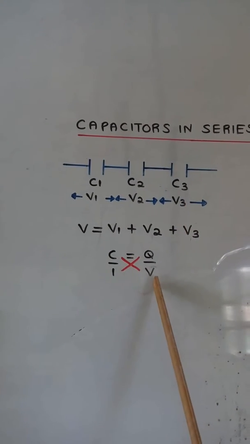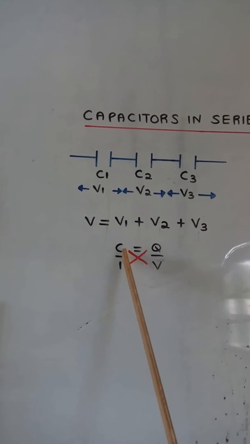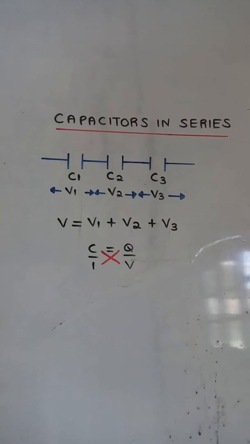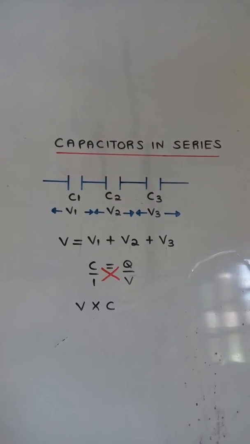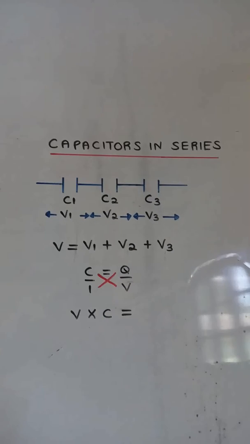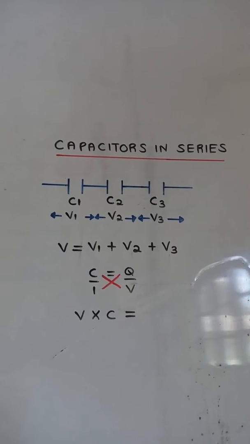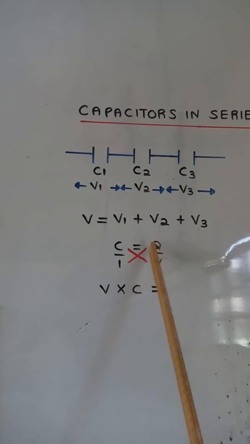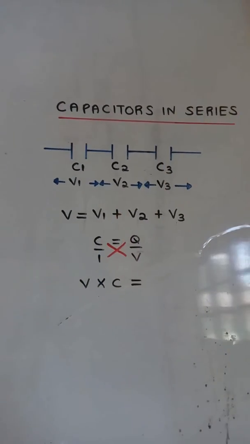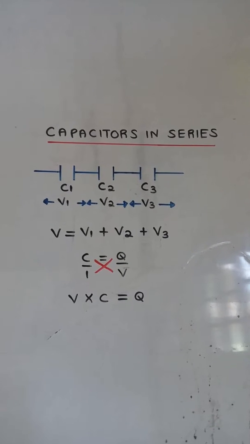Potential difference times capacitance is equal to amount of charge times 1, which is equal to amount of charge.